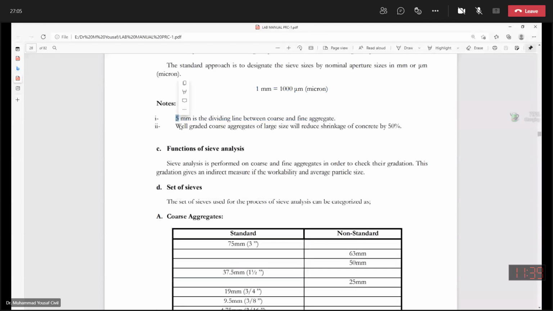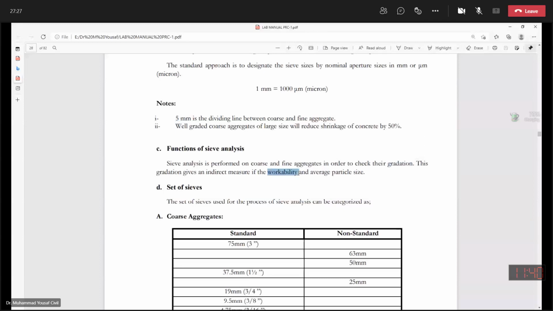The function of the sieve analysis is to find the gradation of the provided material, and this gradation will help in assessing the workability and average size of the particle.